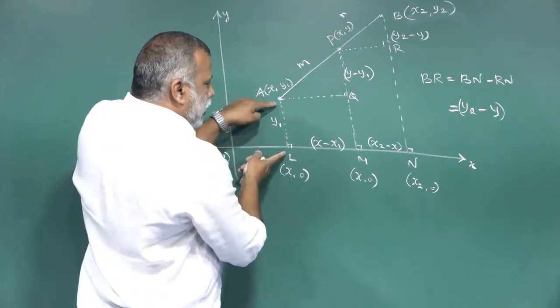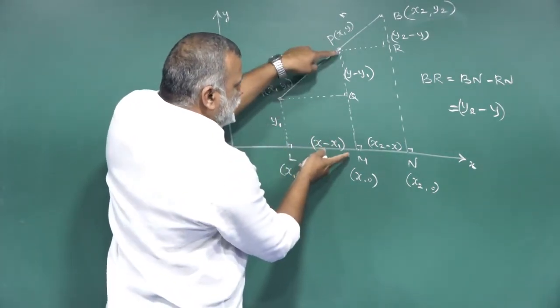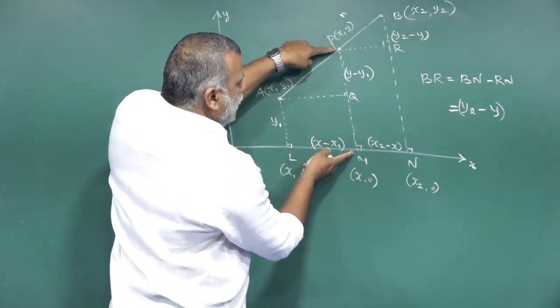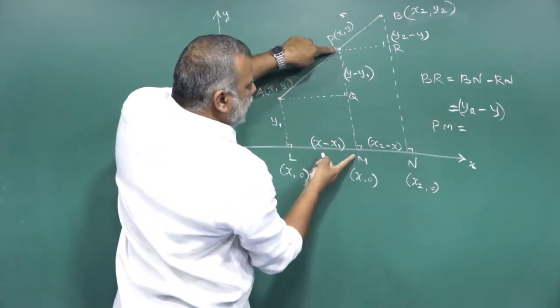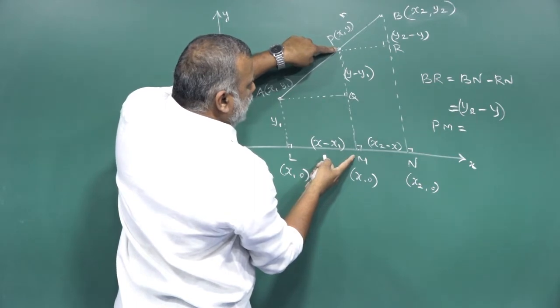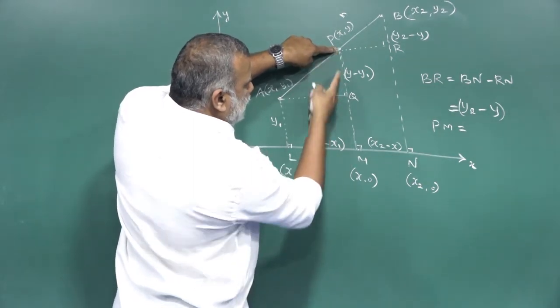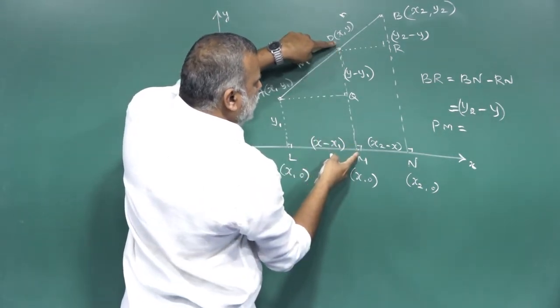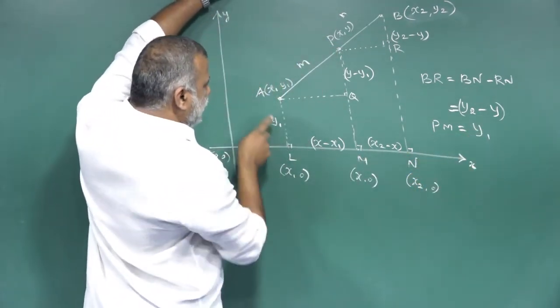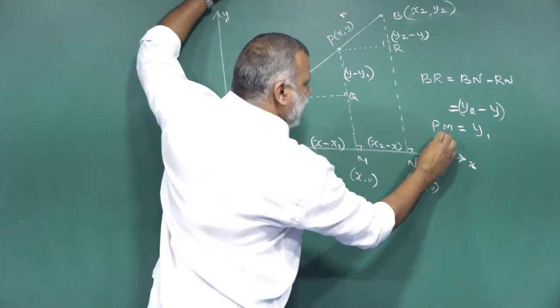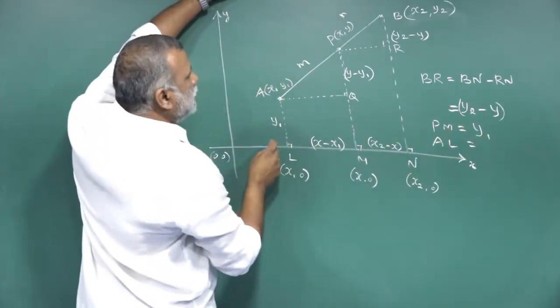See, this is y1. So we need this one. What is the value here? PM. PM is equal to, we need how much this distance? The maximum value is y1. So here PM equal to y1. In the same way, what is the value AL? Sorry, this is y.